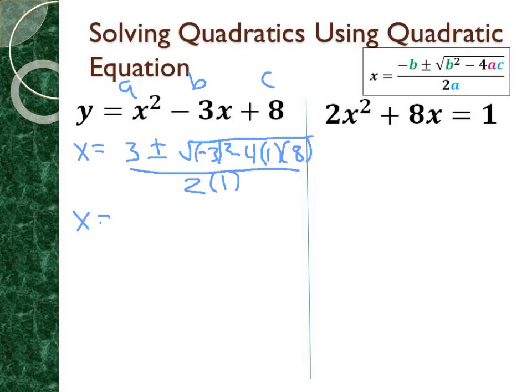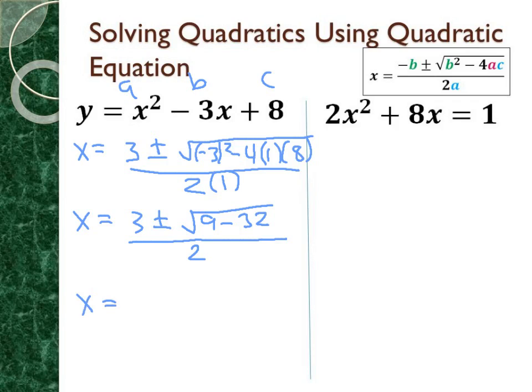So x is equal to 3 plus or minus, a negative 3 squared is a positive 9, minus 4 times 1 times 8, which is the square root of 9 minus 32, over 2.